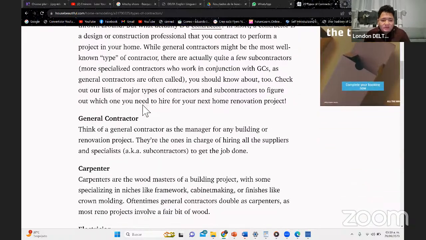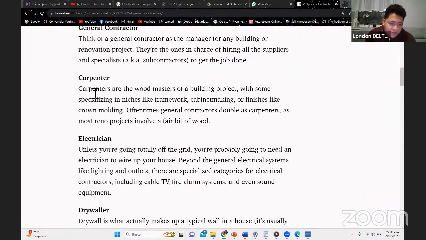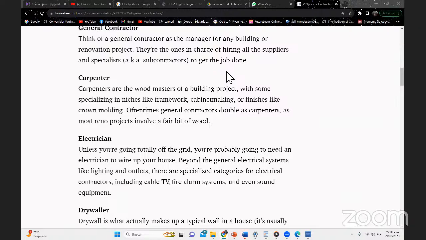Carpenters are the woodmasters of a building project with some specialization in niches like framework, cabinet making, or finishes like crown molding.